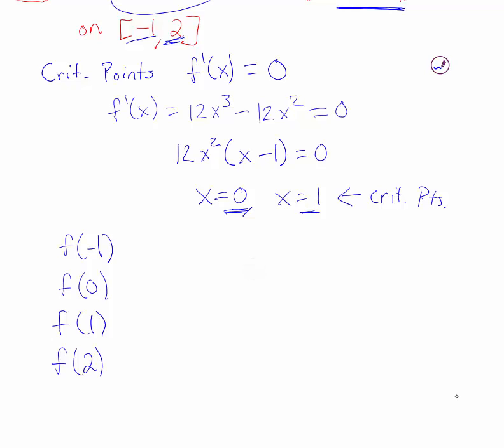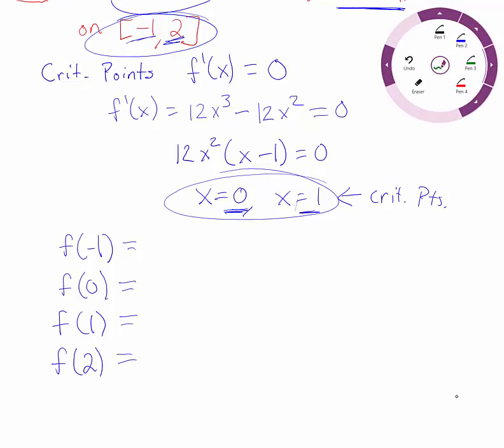I just go in order, smallest to biggest. You can go in any order you want. Just make sure that you check both of the endpoints and all critical points you have. Sometimes you might have 30 critical points, then you would have to check all 30 of them. Honestly, you're never going to have 30, but just to kind of exaggerate.